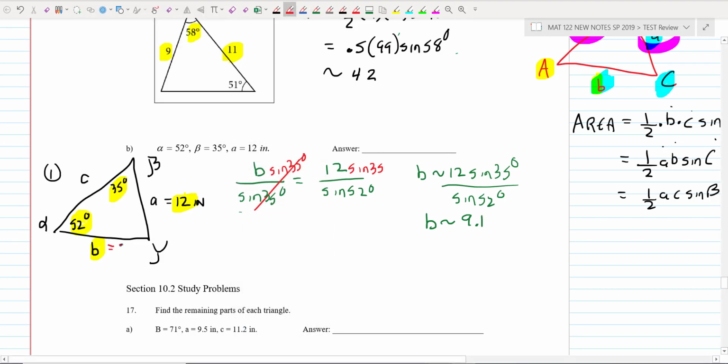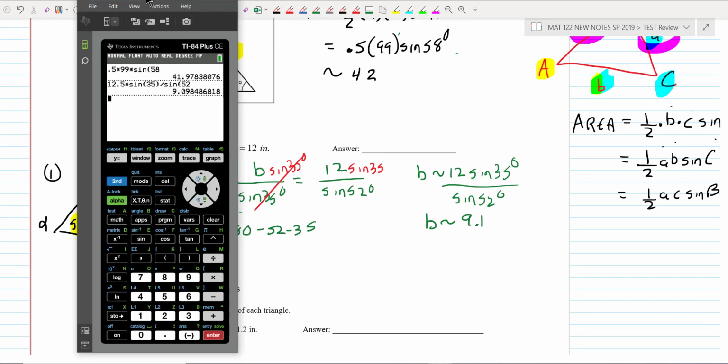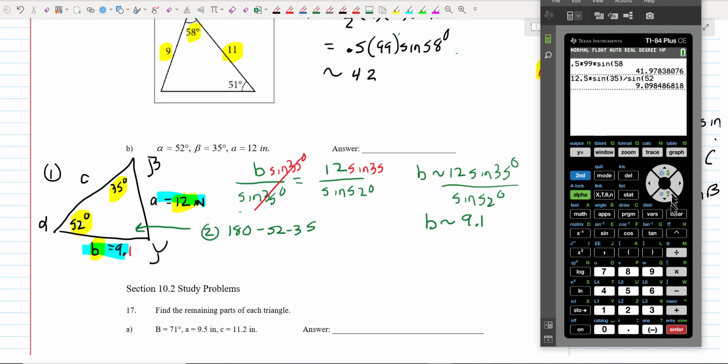So I've got 9.1, and notice that I've got two sides. Now I need to just find that angle in the middle. So probably the second thing I would do is crunch out this angle. That angle would be 180 minus 52 minus 35, and then we'd have enough information to use our area of a triangle formula.